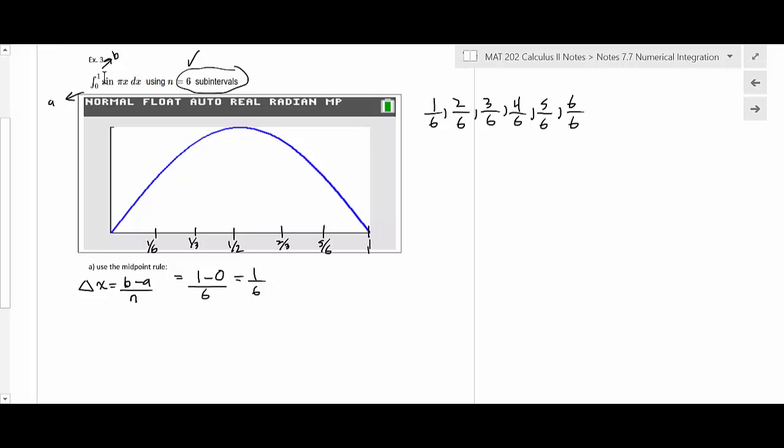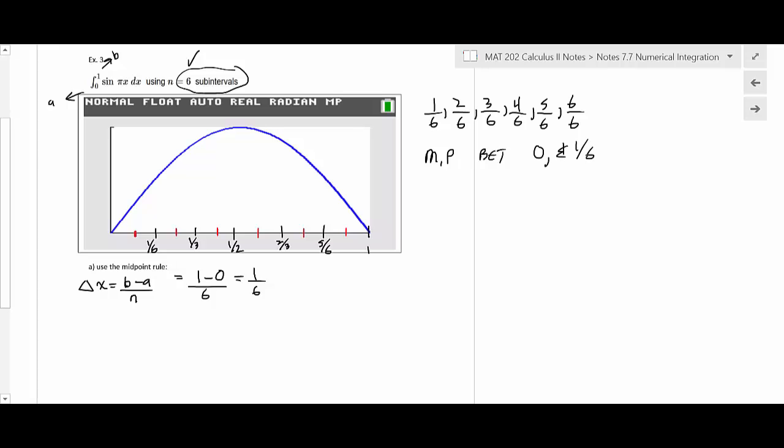Okay? Now we're going to do midpoints. We want to calculate all of these midpoints. You only have to do one of these, and then you can count out the rest. You don't have to do this over and over again. Sometimes I see students doing that. So let's find the midpoint between 0 and 1/6. Well, how do you find a midpoint?